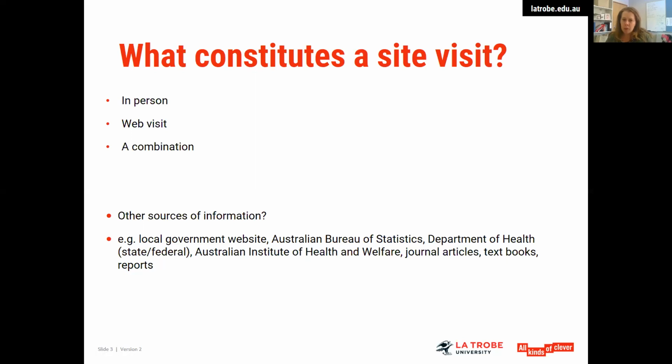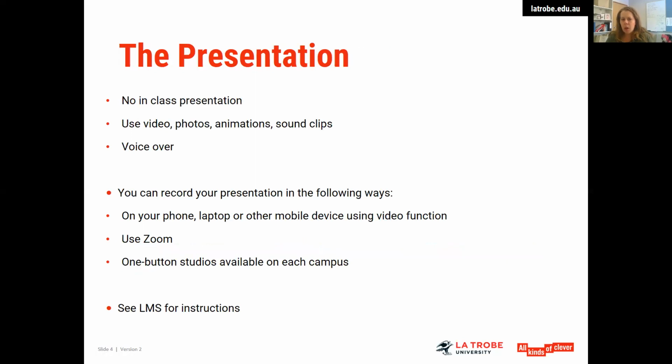If you're not familiar with referencing, then the first place that I would direct you to is the library referencing tool. But don't forget that there's also support through the peer learning advisors, which are located in the libraries on each campus.